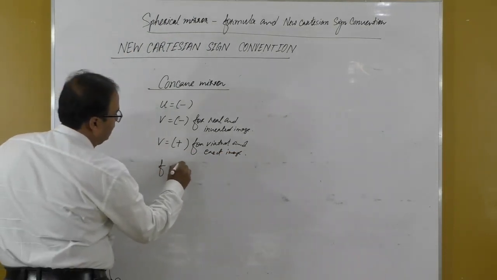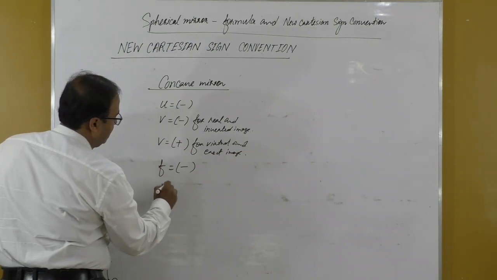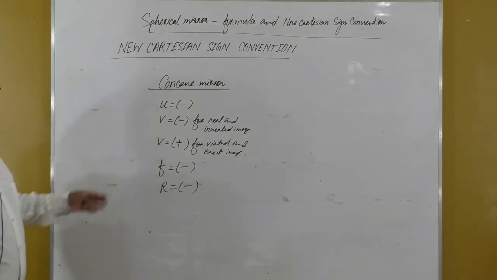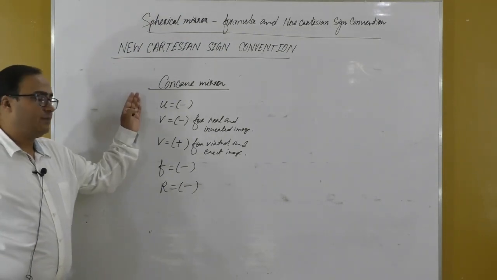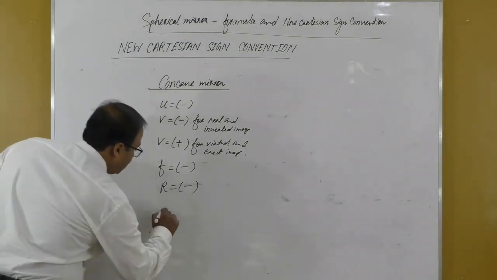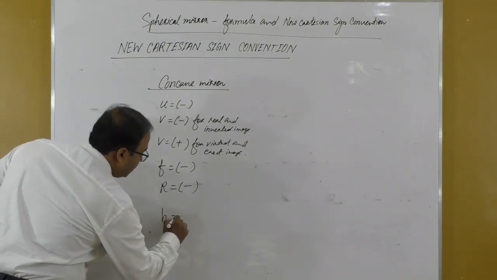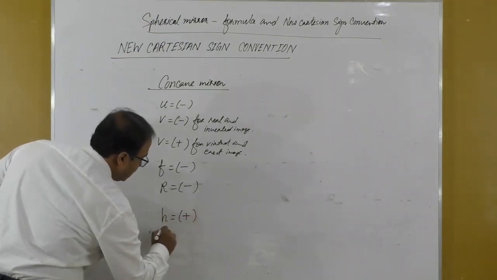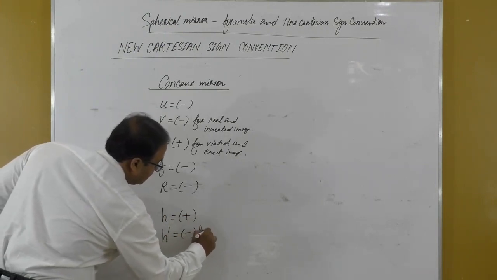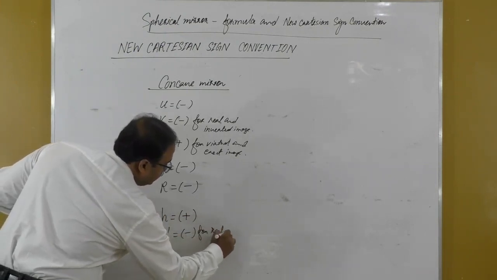F is always negative, R is always negative. When you are solving numericals related to concave mirror, you will have to apply the sign convention like this. Height of the object is always positive. Height of image is negative for real and inverted image.